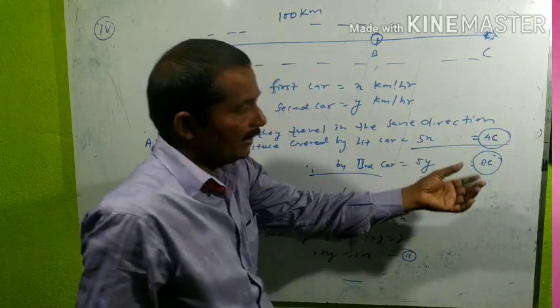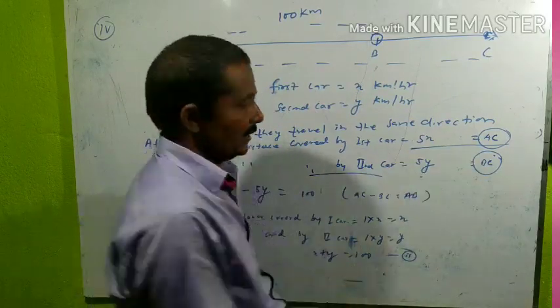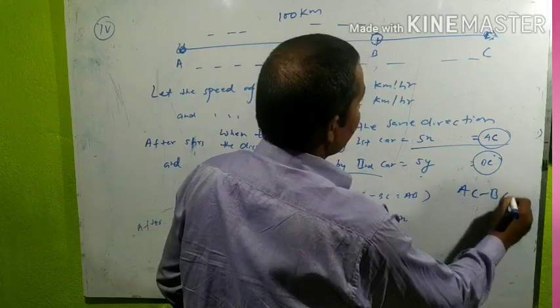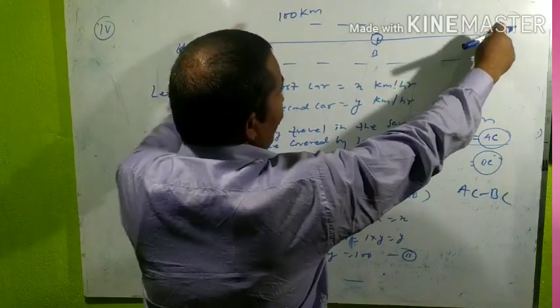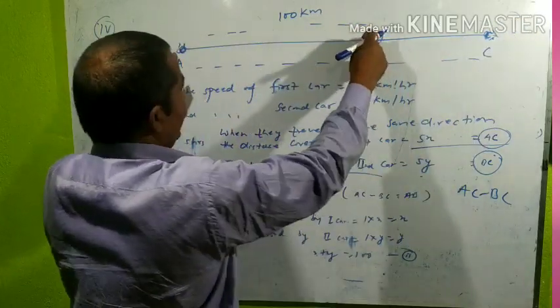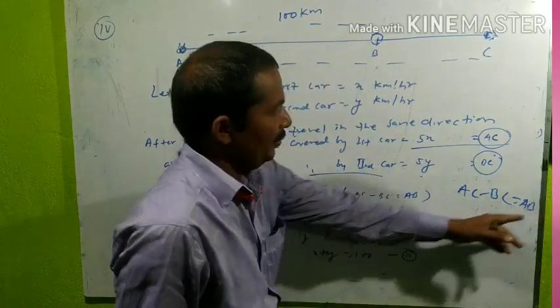That means the difference between their distances will be AC minus BC. So AC minus BC, what is left here? AB. I have written AB here.